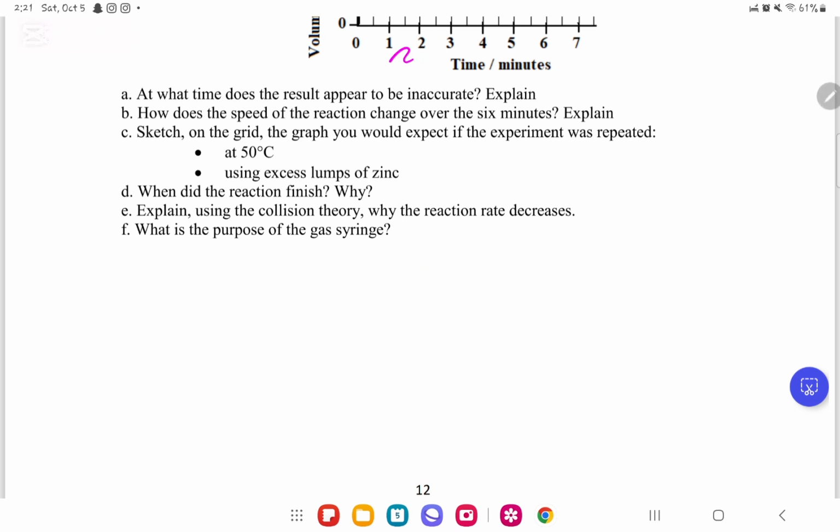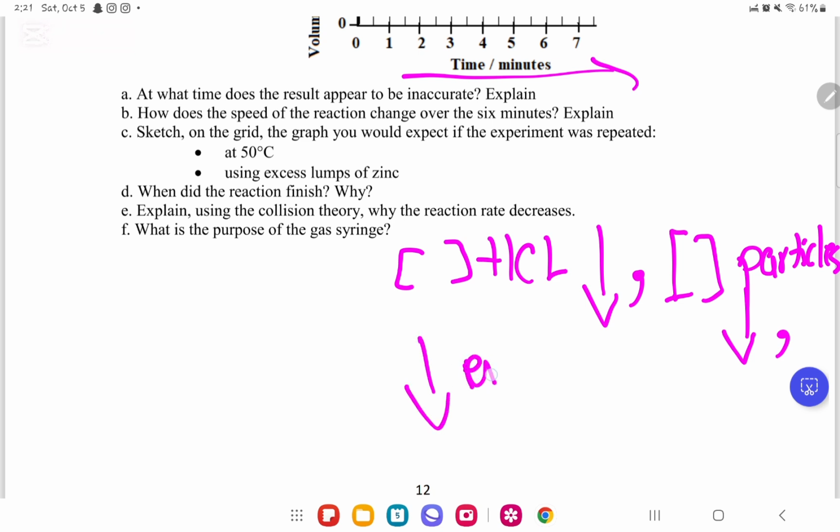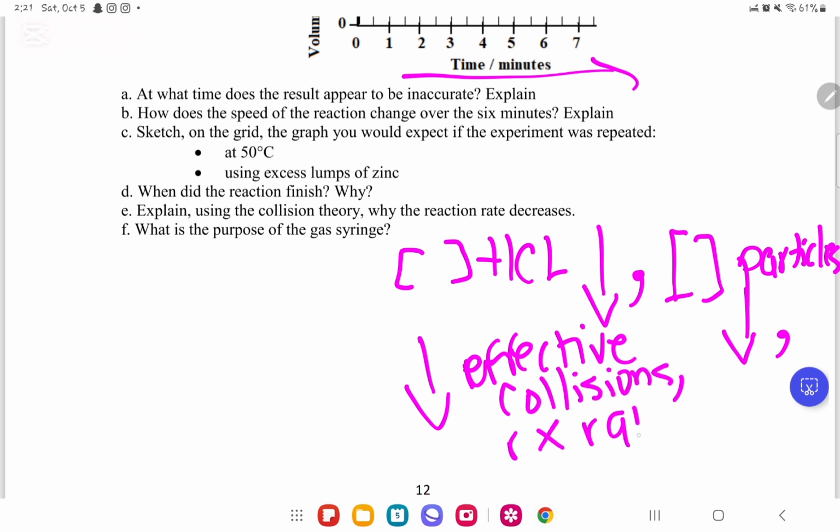So, basically, as we go throughout the time, the HCl concentration will decrease, and because the concentration of the limiting decreases, then the concentration of particles, or the number of particles, will decrease. Then the frequency of effective collisions decreases, thus resulting in the reaction rate decreasing, slowing down and then finally stopping.